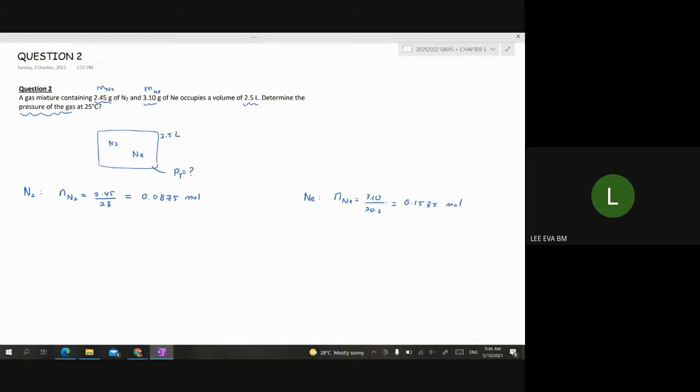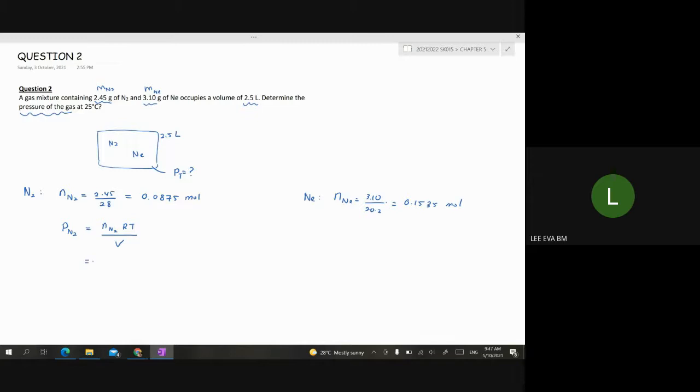So if, let's say, the number of moles of nitrogen gas, you want to take 0.088 can. The number of moles for neon, 0.154 also can. All right, so we apply PV equals nRT. To get the partial pressure for nitrogen, number of moles of nitrogen times RT over the volume.